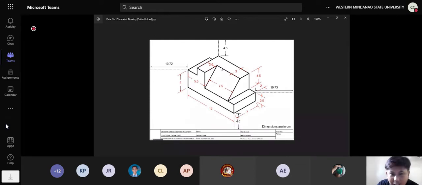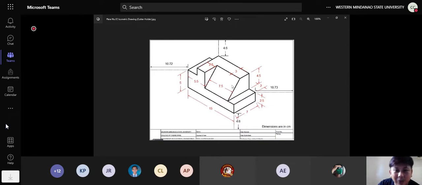So this one, etong side na to, these are isometric lines because they are in parallel with this axis. But these two lines, as you can see, they will intersect our isometric axis. So even yung dito na side sa left, with 30 degrees inclination with respect to the negative x-axis or with respect to the vertical lines, mag-intersect siya.